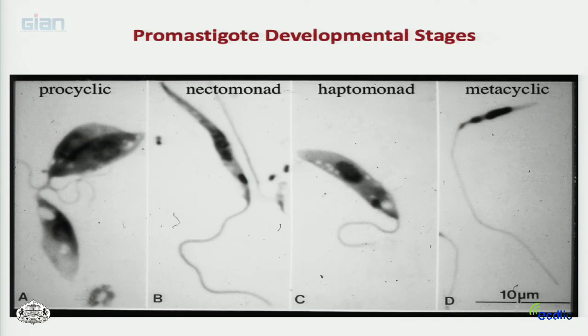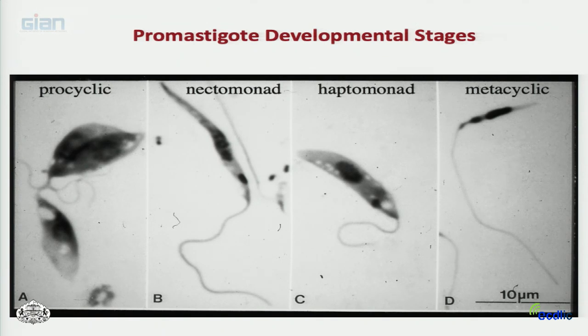There is this really interesting transformation at around day 3 or 4 to these nectomonads, which we and really nobody else is able to observe in culture. So this is such a beautiful promastigote flagellated form that we're really only able to appreciate if we look in vivo in the sandfly itself. These are poorly observed in culture forms.